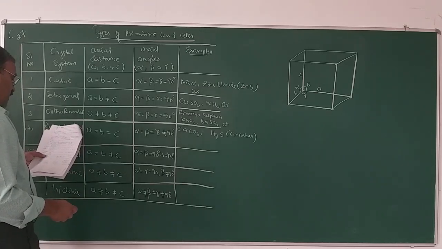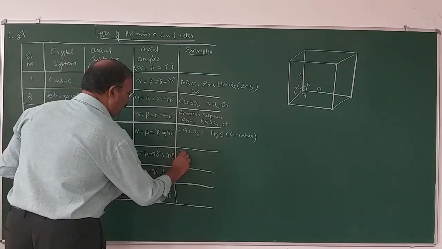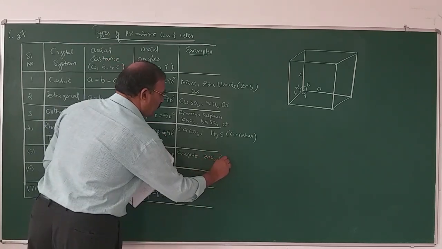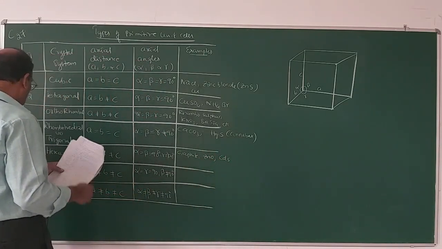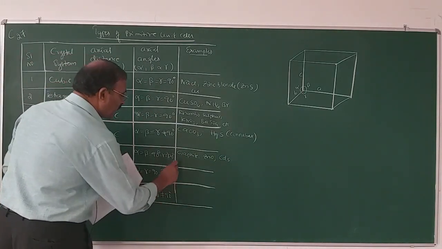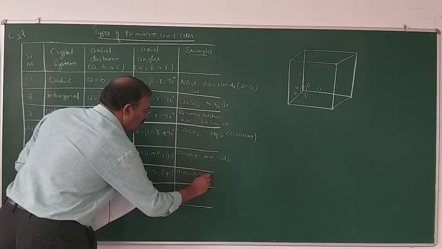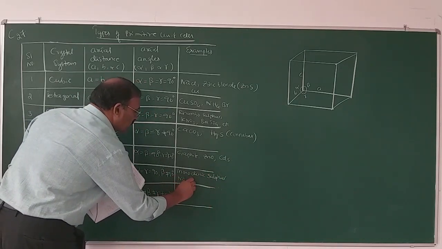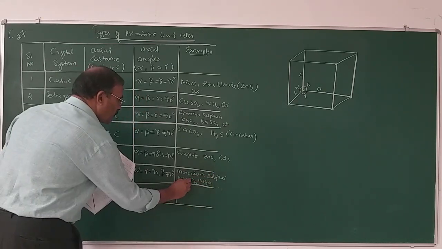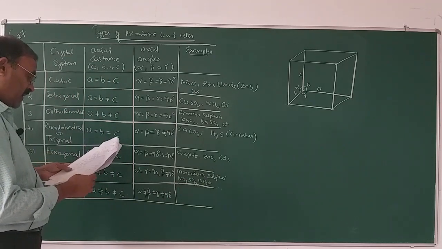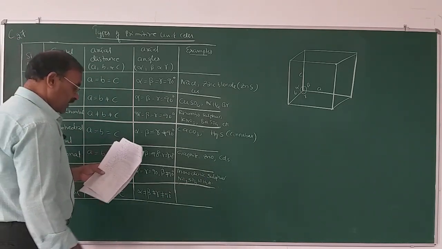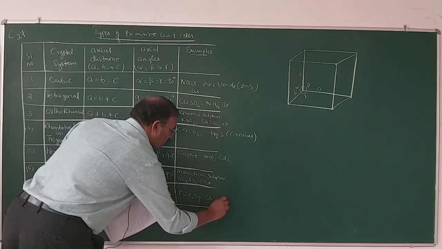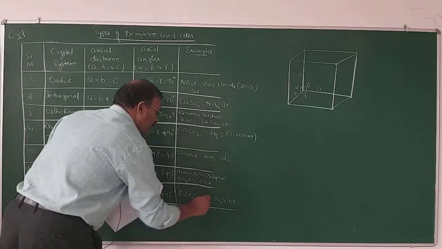Similarly, hexagonal structure is for graphite, zinc oxide, cadmium sulfide, etc. Similarly, for monoclinic sulfur, sodium sulfate 10H2O, Na2SO4 10H2O, sodium sulfate decahydrate, and lastly for triclinic K2Cr2O7 and CuSO4 5H2O, copper sulfate pentahydrate.